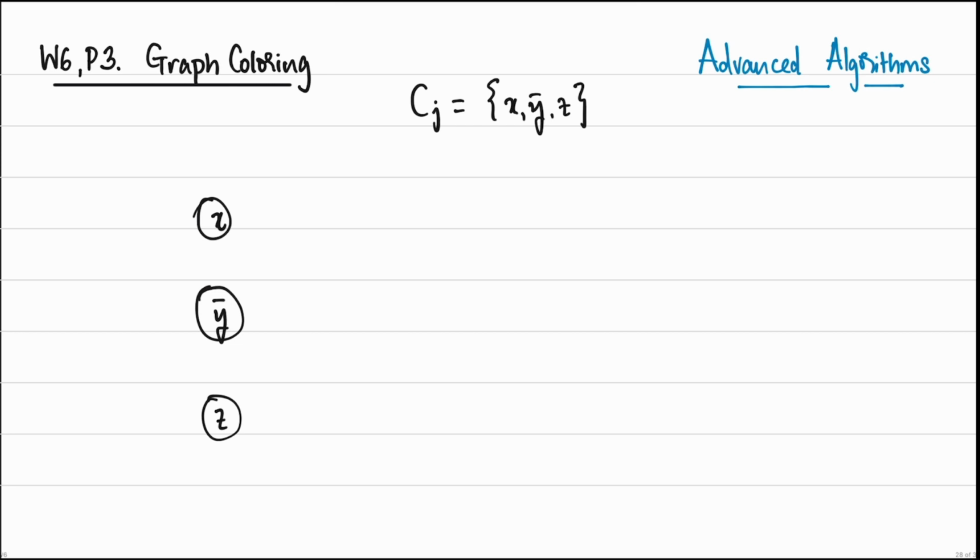Now I'm going to actually draw up a construction here for the clause gadget, and it may seem a little magical at first sight, and you might wonder, how do people come up with such constructions? It's a simple construction, but it's still perhaps not obvious how you would conjure up something like this.